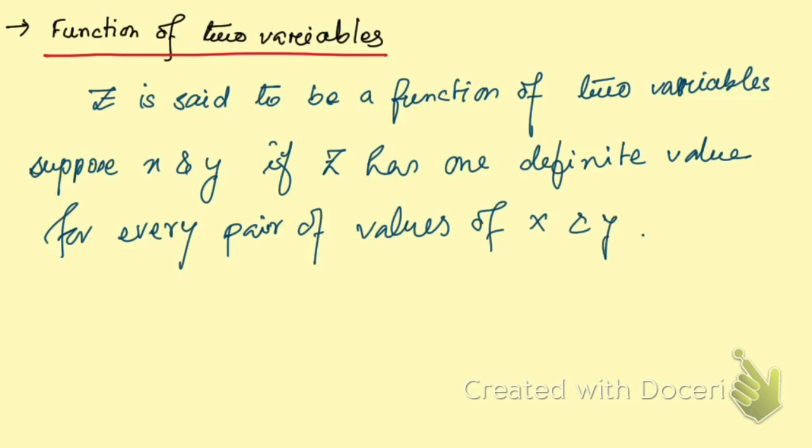So we can represent using symbols: z is equal to f of x comma y.